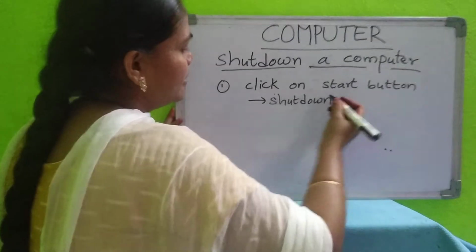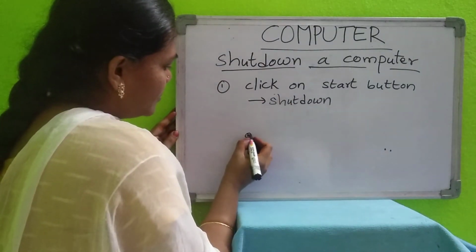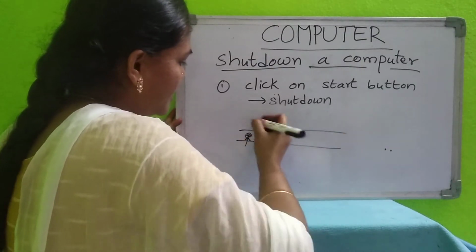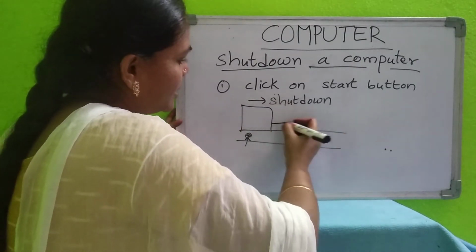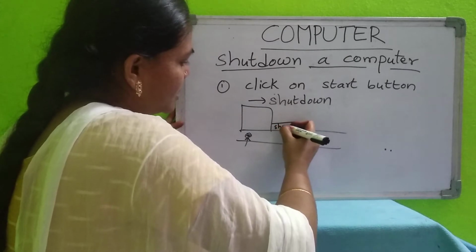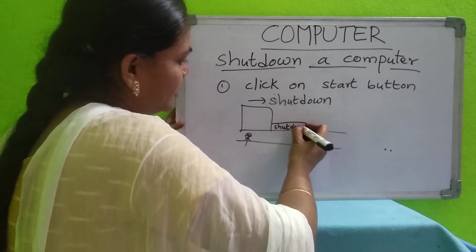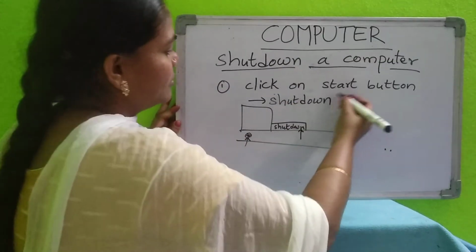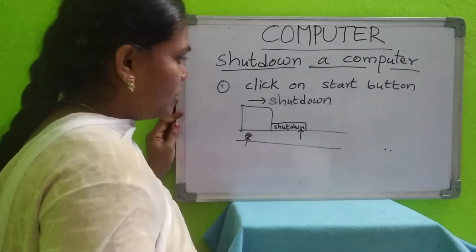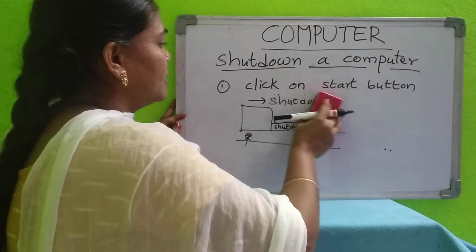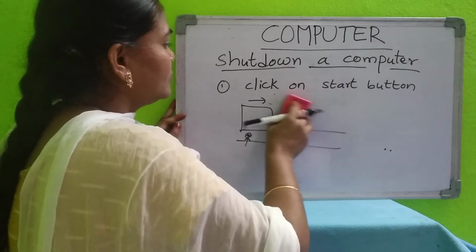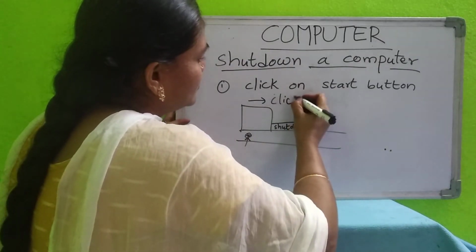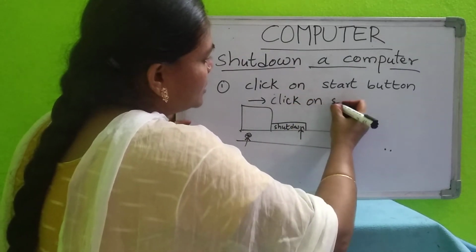Here the start button will be there on the taskbar. When you click on the start button, the start menu will open. Beside that you will get this shutdown button. Click on the shutdown button.